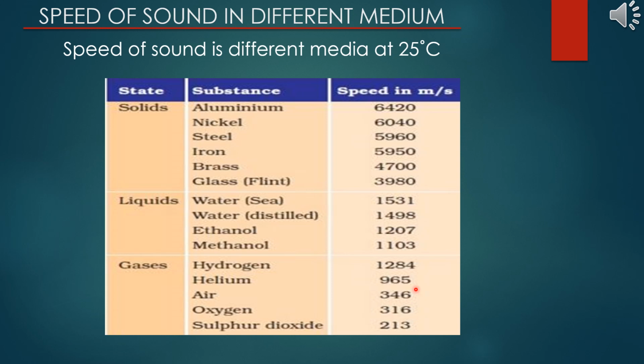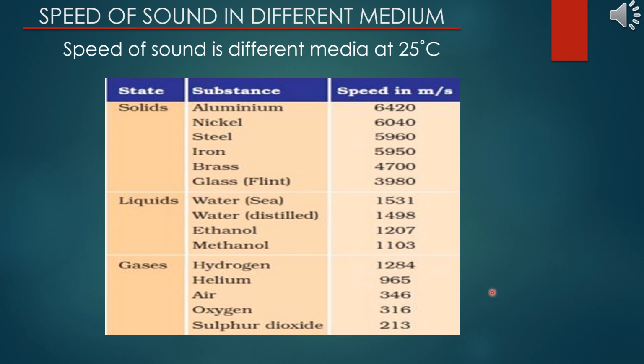Generally, we are going to deal with air for many numericals as well as day-to-day life. So we consider the speed of sound in air as 346 or maybe 340 meters per second, depending on the temperature.